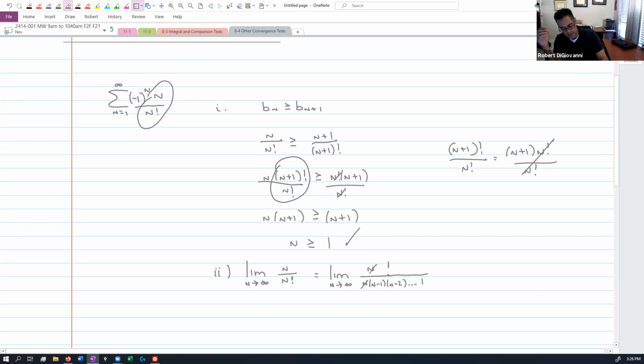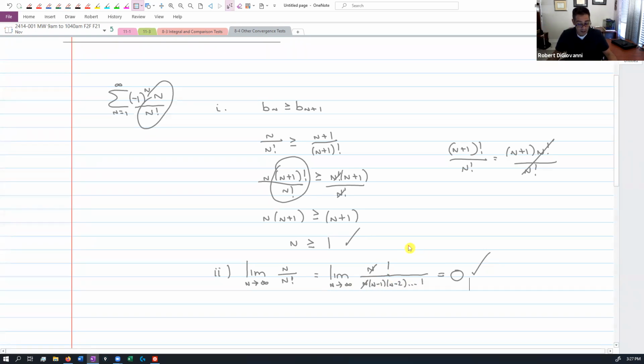The n's cancel, you get a 1 up here, and when n gets big, the bottom goes to infinity and the top is fixed at 1, so that goes to 0. So that is again satisfied. So this series satisfies the alternating series test, therefore it converges.